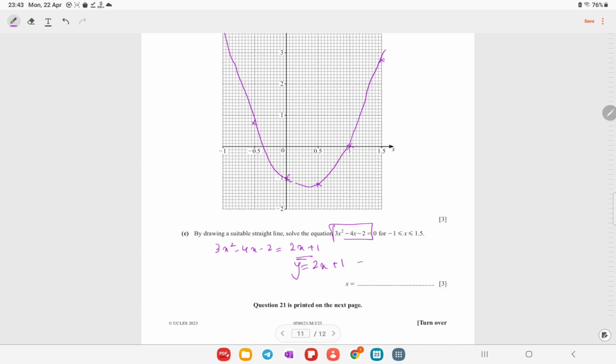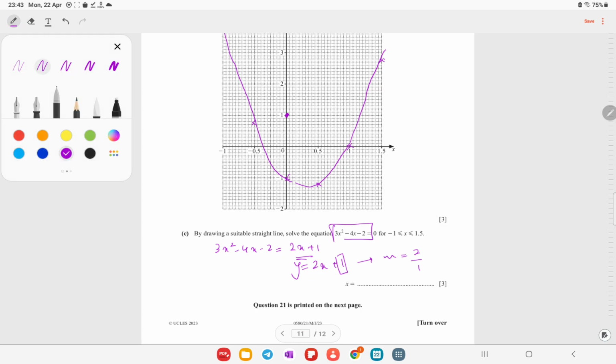Over here, m, your slope, is 2 over 1, and the y-intercept is 1. So this is the point. One point is going to be this, and the other point is going to be 2, so you have to go 2 units down. So this is going to be somewhat like this.